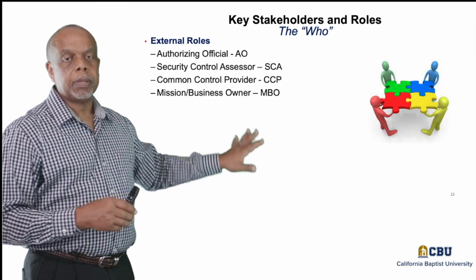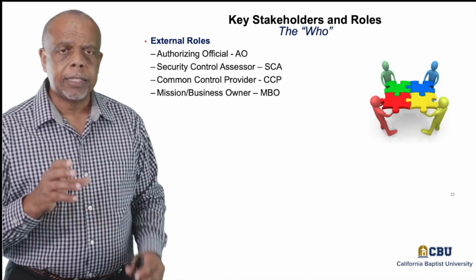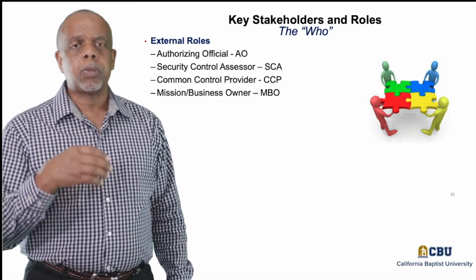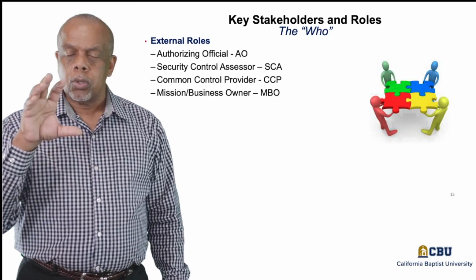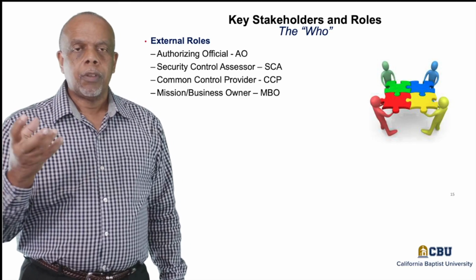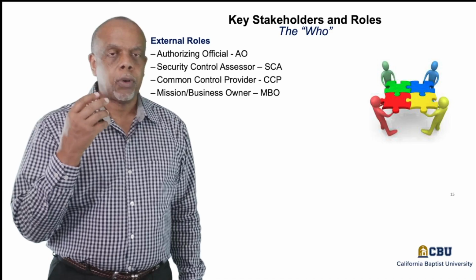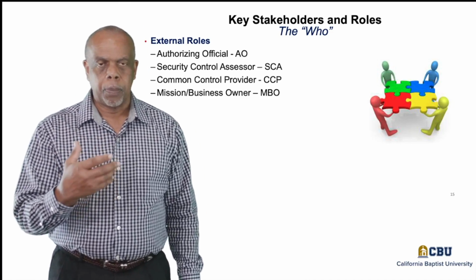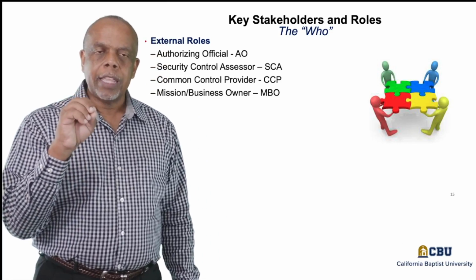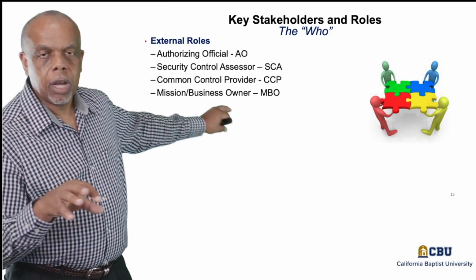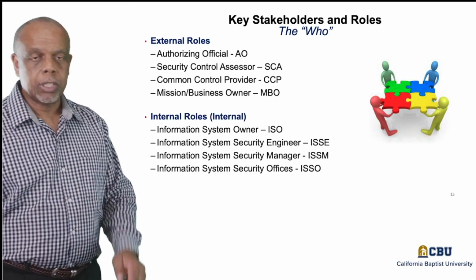And really the mission business owner, that's who you really want to work with, because at the end of the day, whether it's a business, the federal government, or the Department of Defense, someone is using this information for a reason. Whether it's for a mission from a DoD perspective or from a business perspective, that information is critical. So the owner of that is a key stakeholder in this process.